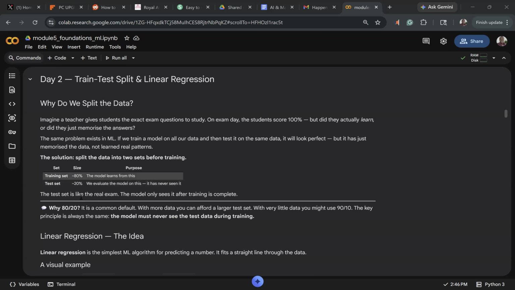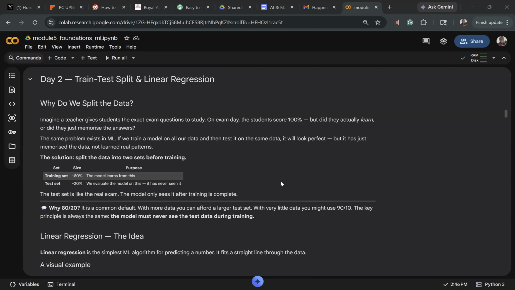So the test set is like the real exam. The model only sees it after training is complete. During the course of your time in school, you have a time where you go to a classroom and get a lot of teaching, lectures. Then there's a time for a test, right?